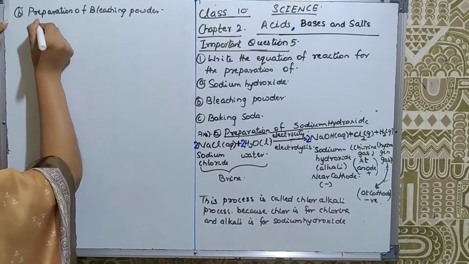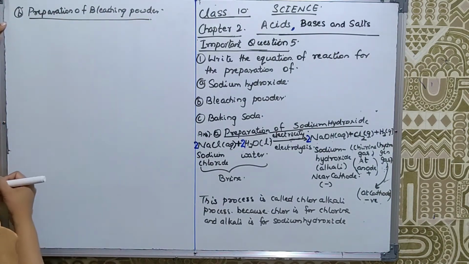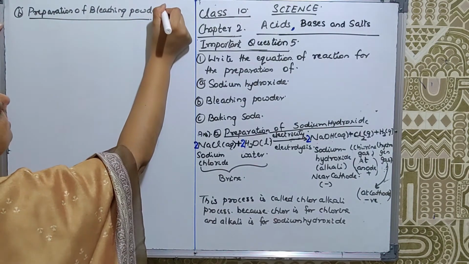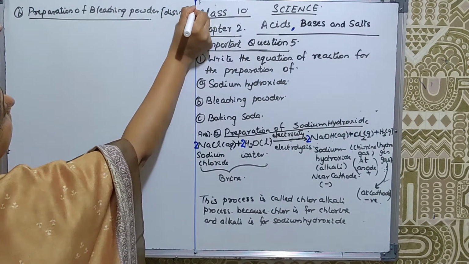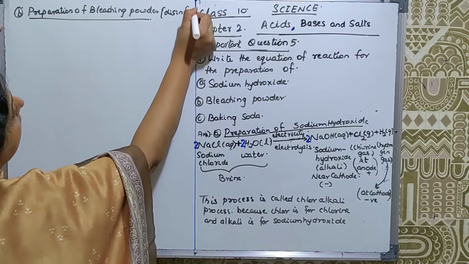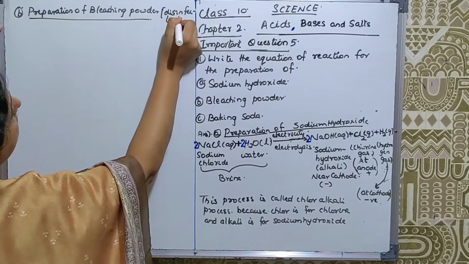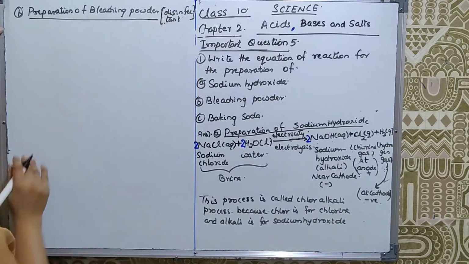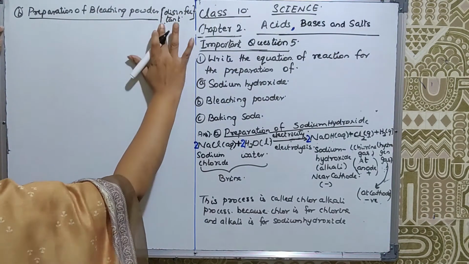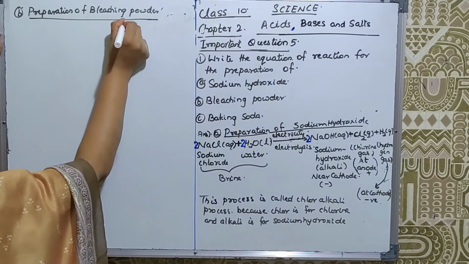Now next one is the preparation of bleaching powder. Bleaching powder is used as a disinfectant.